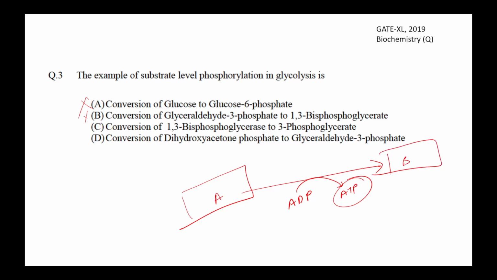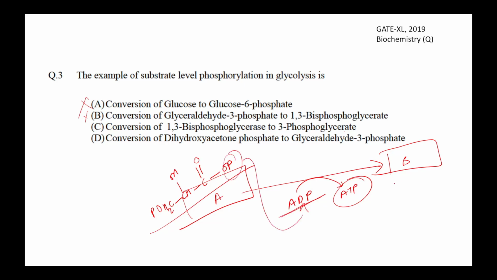The third option is conversion of 1,3-bisphosphoglycerate to 3-phosphoglycerate. Is it? Yes. Here 2 phosphate groups are there in our substrate, and the phosphate group is being added to ADP to produce ATP.